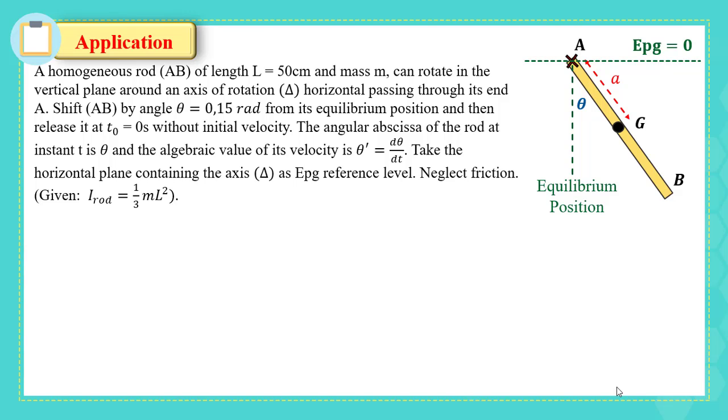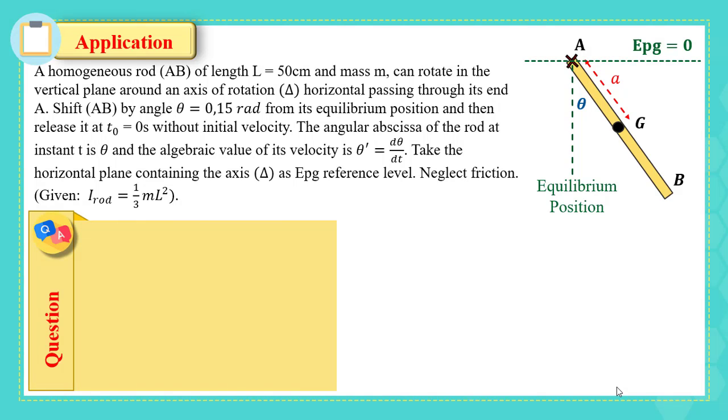The angular abscissa of the rod is theta at a given instant t, and theta prime is the angular velocity. Take the horizontal plane containing the axis as gravitational potential energy reference level and neglect friction, given the moment of inertia of the rod as 1 over 3 mL squared.